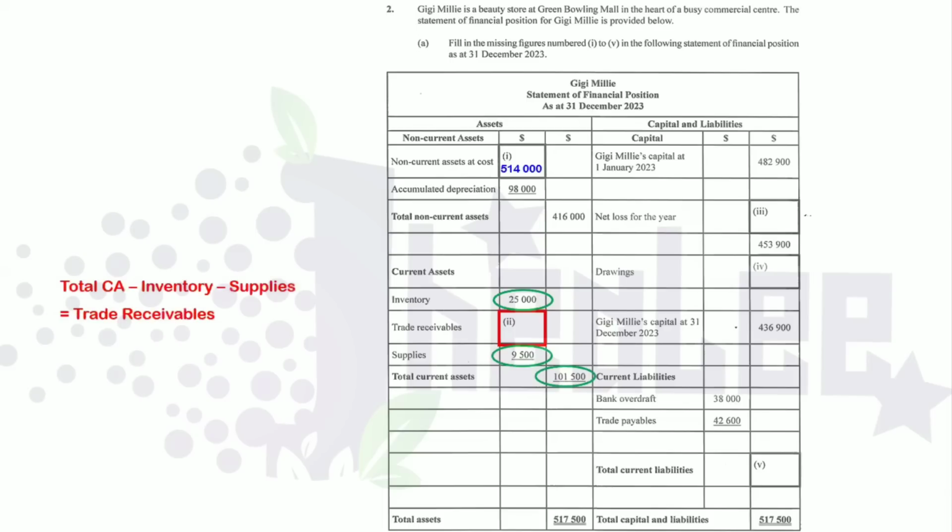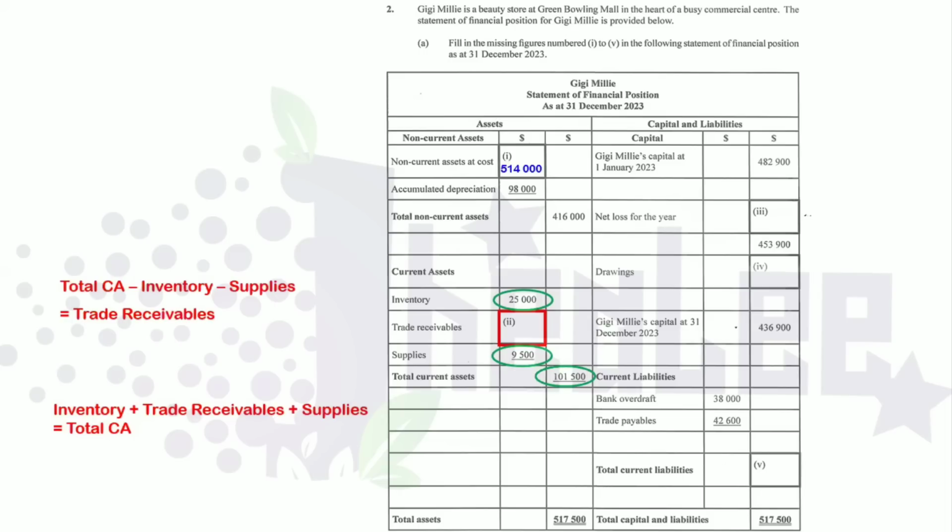All we're going to simply do is to pick up the total current asset minus the inventory and the supplies that we have available, and that would give us the trade receivables value. The alternative is that you could pick up the inventory, add the trade receivables, using a variable to represent the missing item, plus the supplies, and that would give you your total current asset.